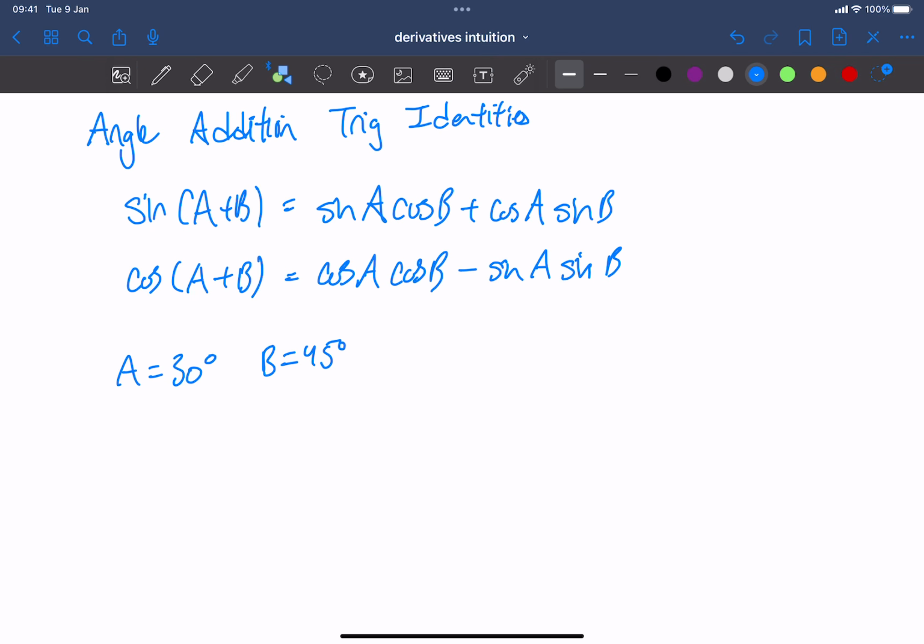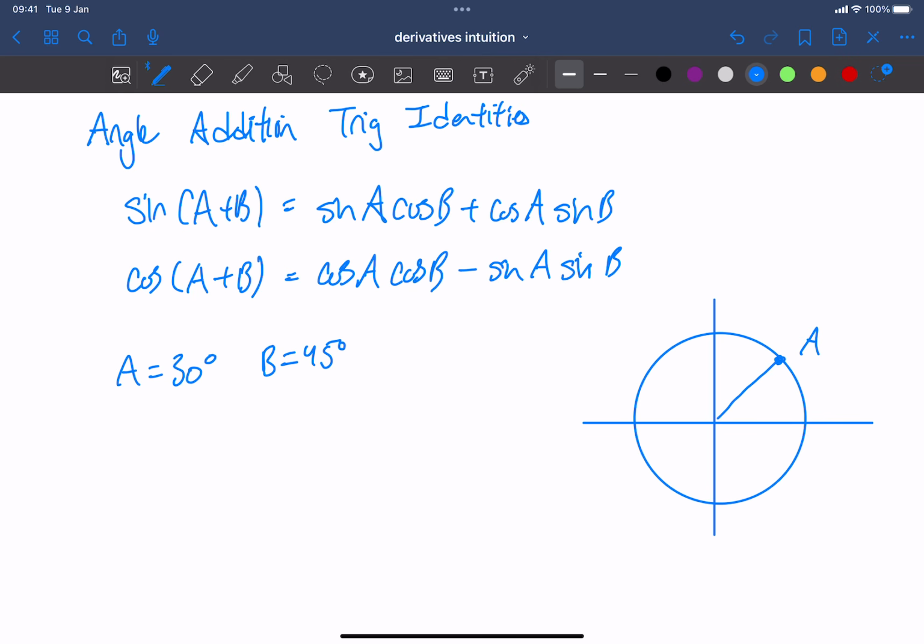I'm going to draw another unit circle real quick. Now suppose there's a point A on the unit circle, and the coordinates are (cos A, sin A). If you remember from trigonometry, cosine equals adjacent over hypotenuse.